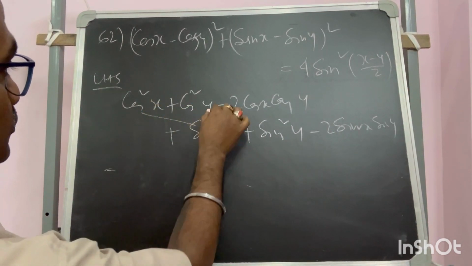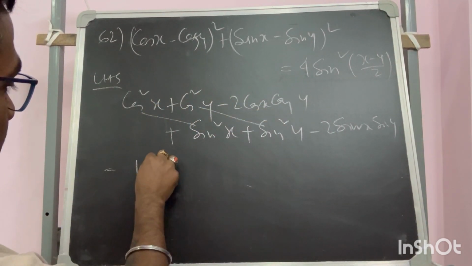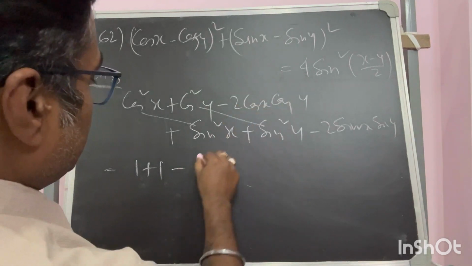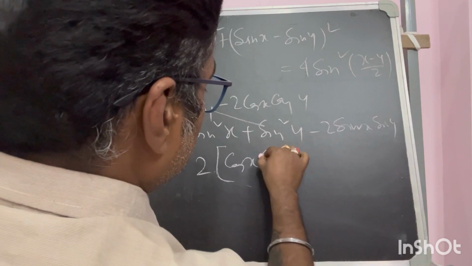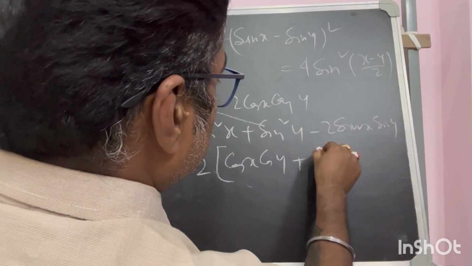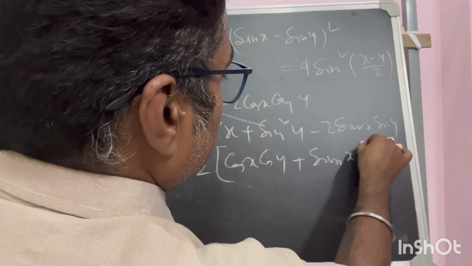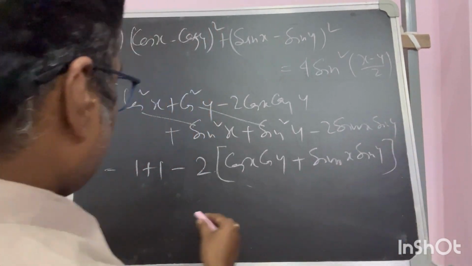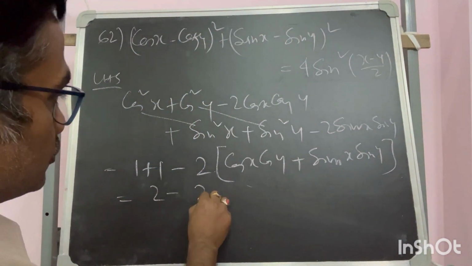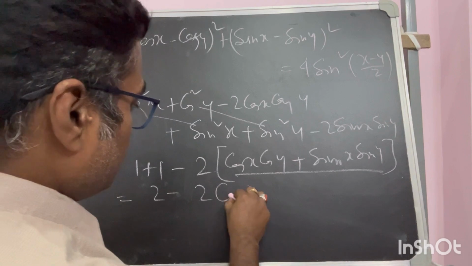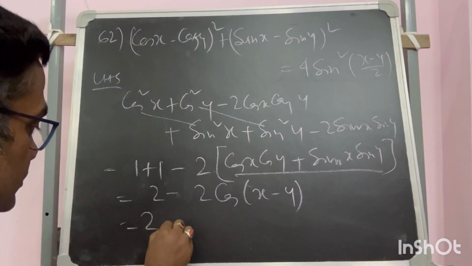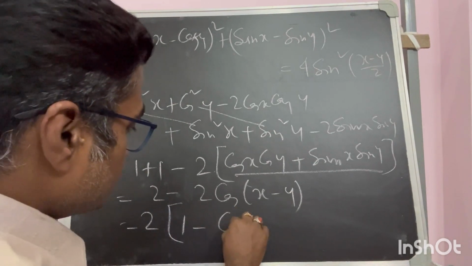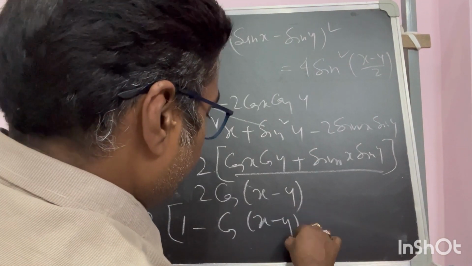Now clubbing these two will give you 1 plus 1, and if you take 2 common, this will be cos x cos y plus sin x sin y. Now 2 minus 2, this is equal to cos of x minus y. So out of this 2, if I take common, this is 1 minus cos of x minus y.